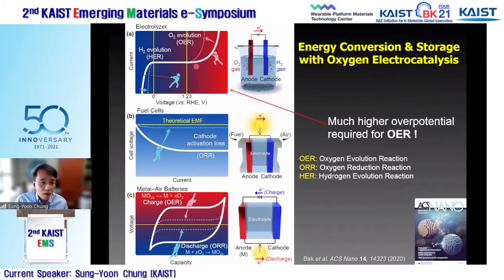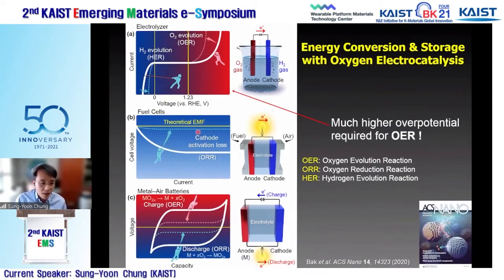As will be discussed later, the overpotential of the oxygen evolution is much higher. The second example is the fuel cell. As you can see on the cathode side, there's a huge voltage drop based on the well-known cathode activation loss. This is why we need a platinum-based catalyst to improve the oxygen reduction reaction.